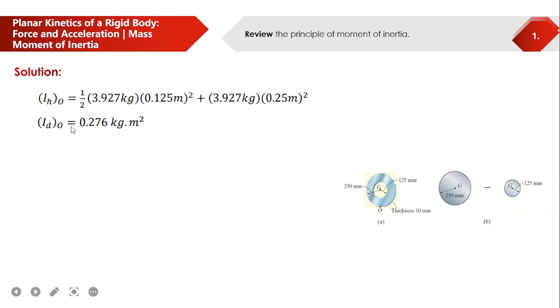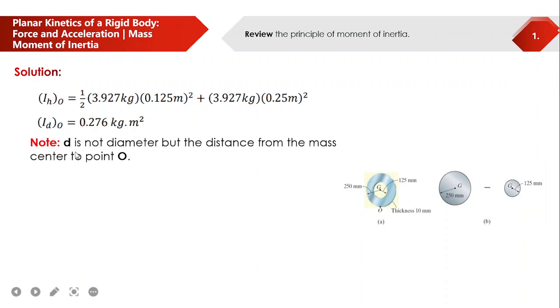So that is the quantity of your moment of inertia of the hole. No? This is H, not D. Okay? So D is not diameter but the distance from the mass center to the point O. Okay? Baka na ano dito kasi nga yung 0.125 is just the half of 0.25 meters. So baka man yun, ano pala yung diameter. That's not the sense, okay?